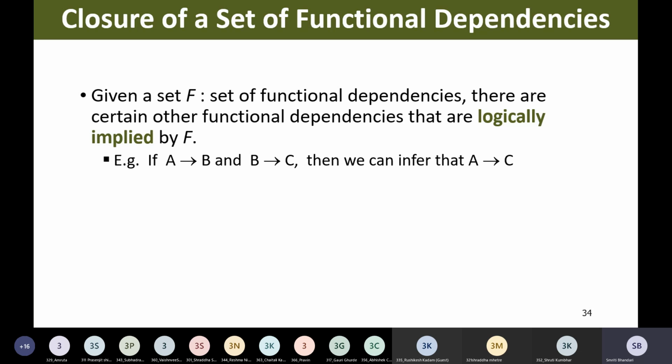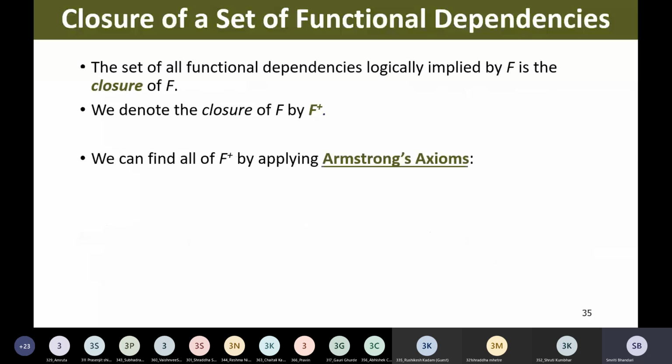So as we stated in the last session, we have been provided with the set of functional dependencies F for the relation schema R. It is possible to infer a few of the functional dependencies logically by making use of this given set F. So the set of functional dependencies that can be inferred logically by the given set F will form a new set, and that set is actually known as the closure of the set of functional dependencies.